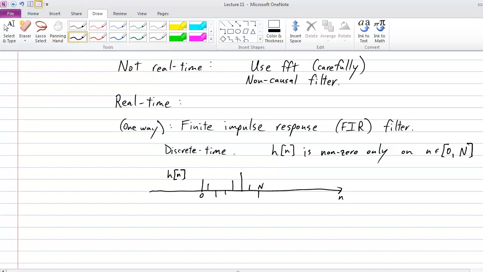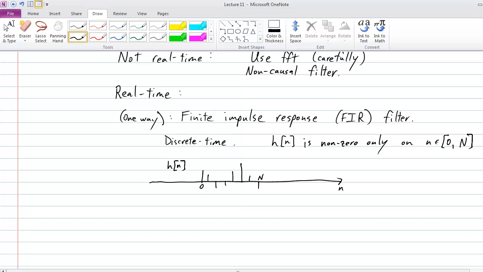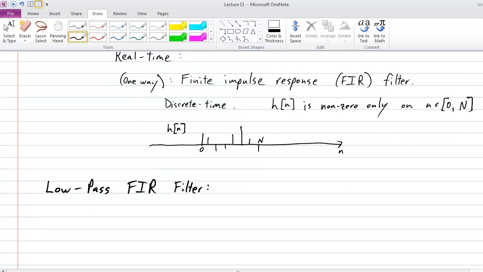So let's look at trying some ways of creating, say, a low-pass filter with a finite impulse response. Okay. Well, we're in discrete time now, and I will talk a little bit more, probably not this lecture, on the differences between discrete time and continuous time.